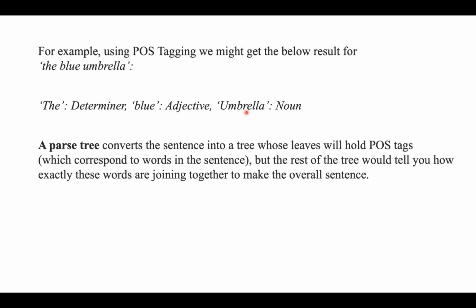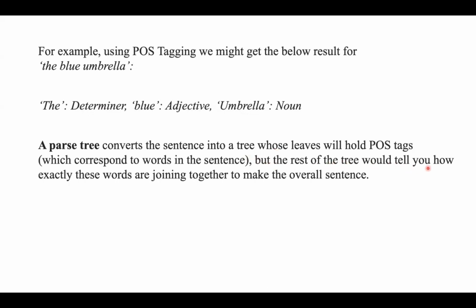A parse tree mainly converts a given sentence into a tree, where the leaves will hold POS tags. Here we gave different tags to words in a sentence, and those are considered the leaves in this parse tree.